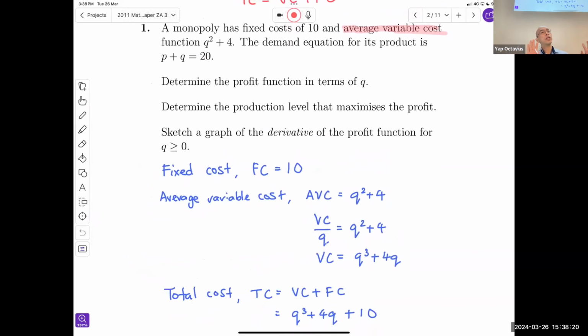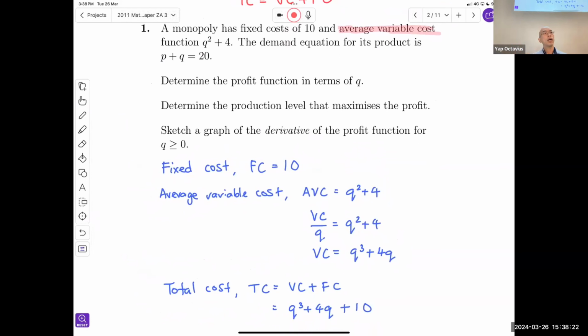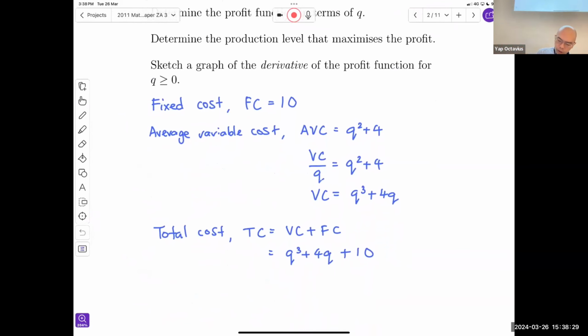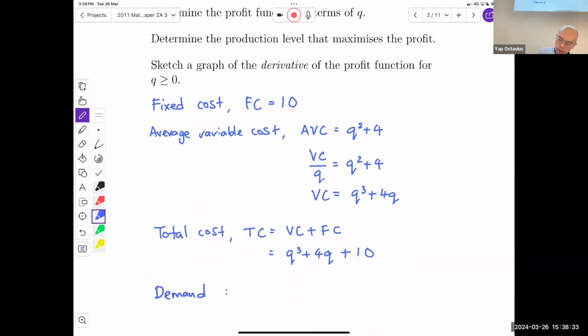Total revenue is your price times quantity. The price multiplied by how many you sell, okay? So from the demand function, you get P plus Q equals to 20.